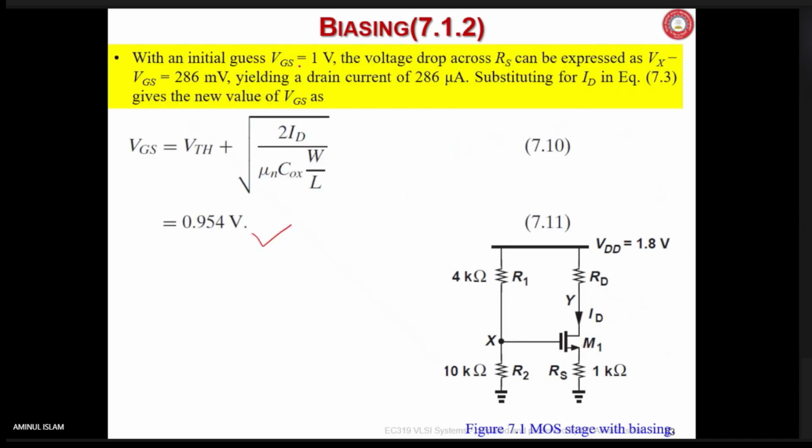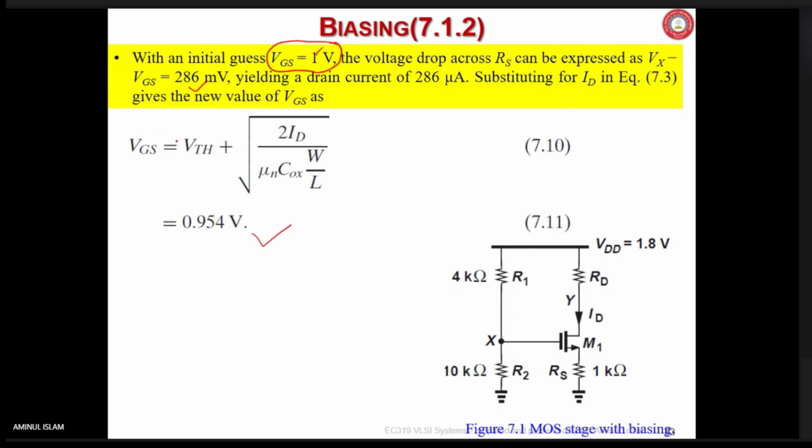Okay, with an initial guess, we are guessing that initially VGS equals 1 volt. The voltage drop across RS can be expressed as Vx minus VGS equals 2.86. If we assume this one, yes or no?